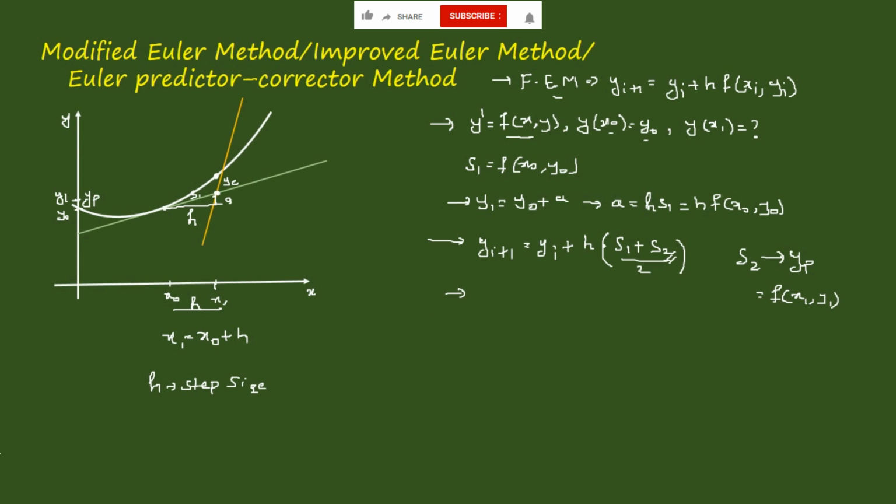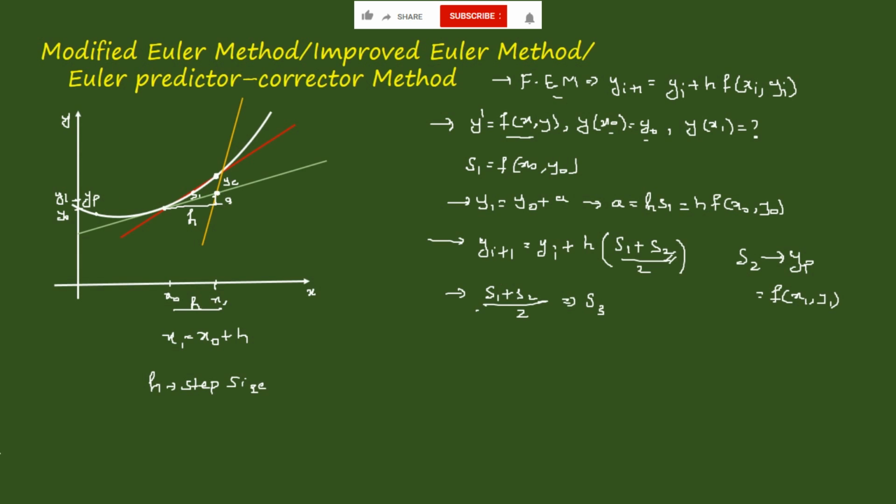Now we'll be taking the average of both of them, s1 plus s2 by 2, and we would get one more slope, a new slope. If you consider this one as slope s3, then we'll be drawing one more line, and then the value is the corrected value. So by this we will be finding the corrected value by using Euler's predictor-corrector method.